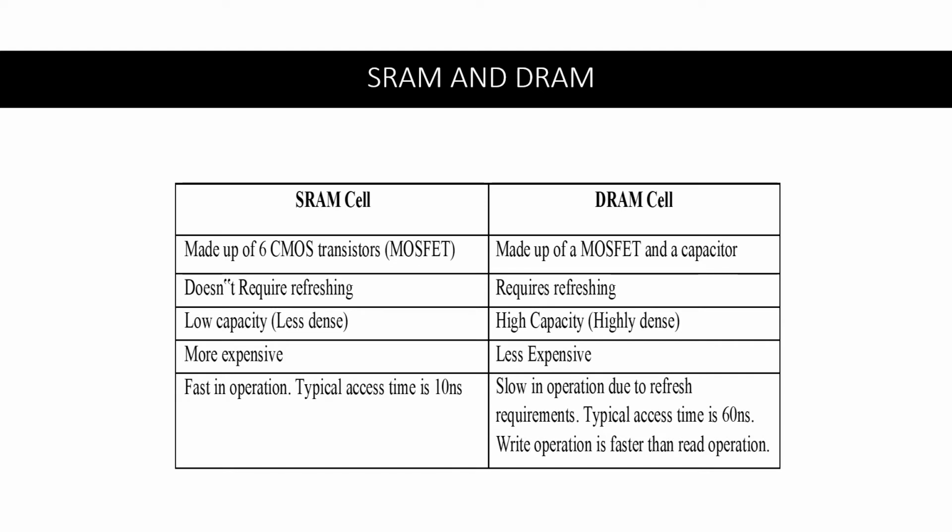In SRAM we are not refreshing any data. Whatever data we send into an SRAM, we are fixing it. But in DRAM we need to refresh because the capacitor has a limited storing capacity. Once the data is stored and the capacitor is full, and we need to send other data, there is no storage capacity. At that time we need to refresh the charge in the capacitor, so it requires refreshing.